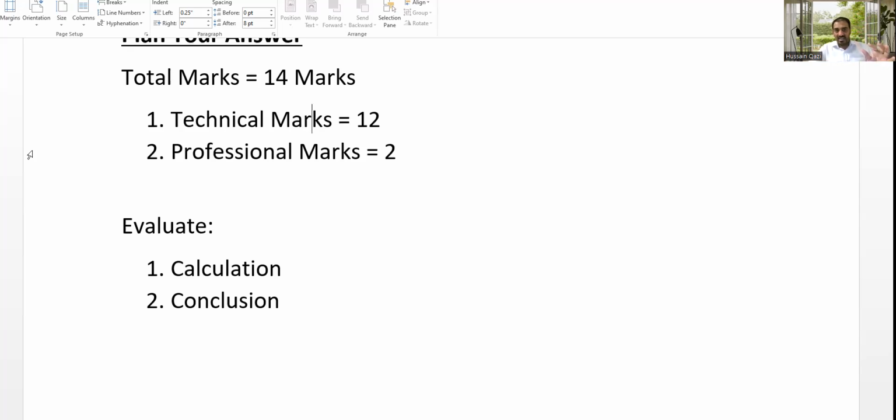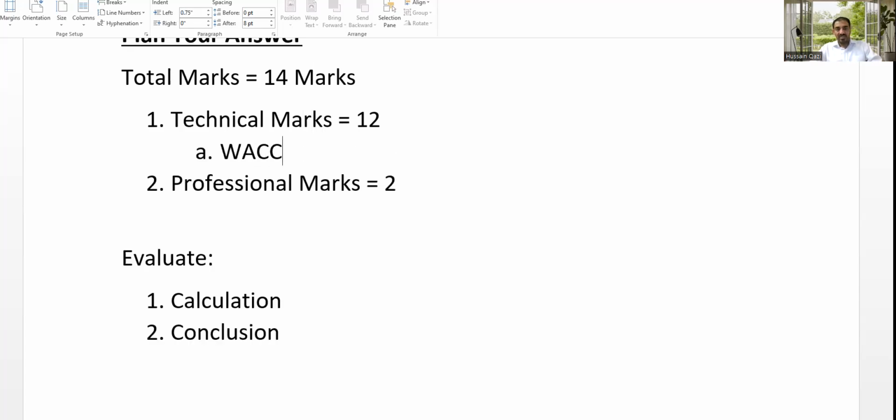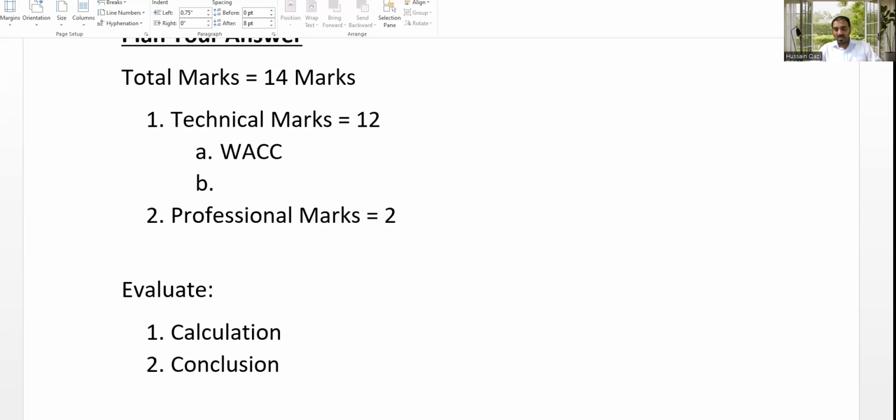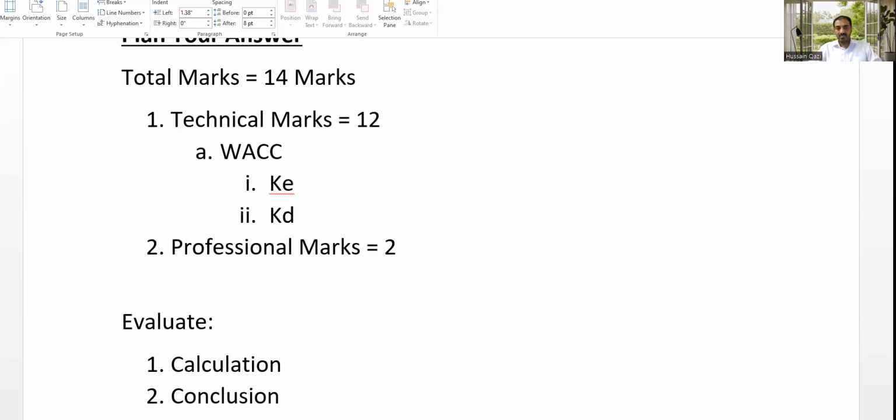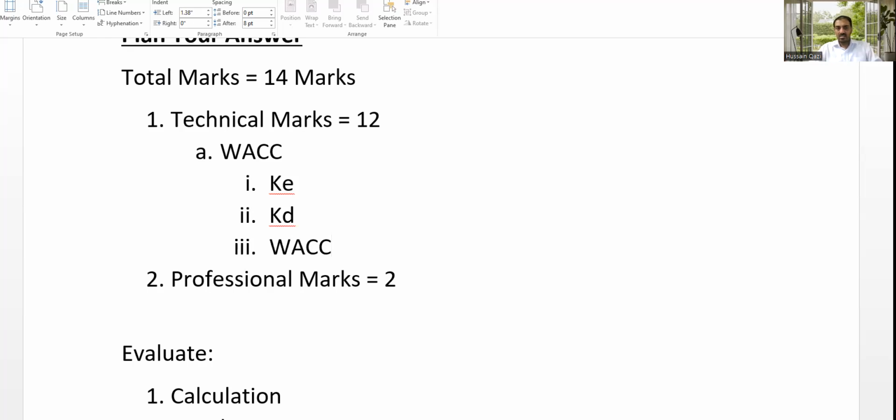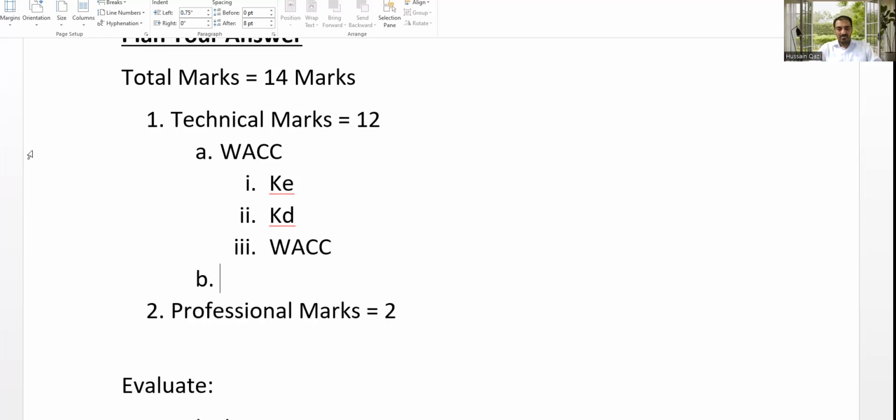First, we will work out the WACC. WACC includes the computation of the Ke, then Kd, and then the simple WACC. Next, the future cash flows and NPV working. That is simple.